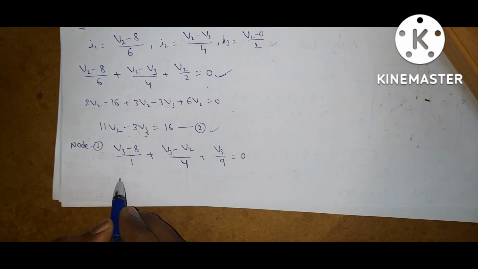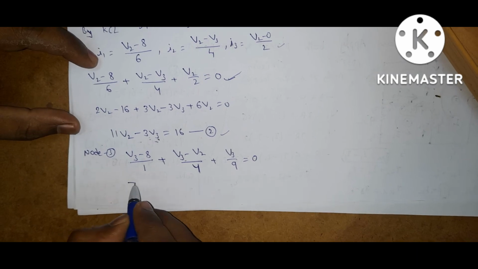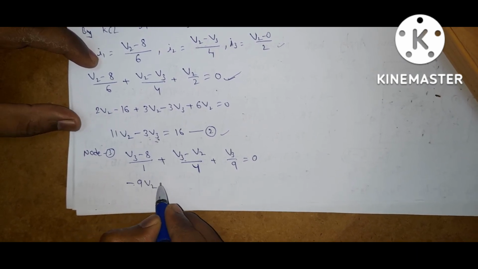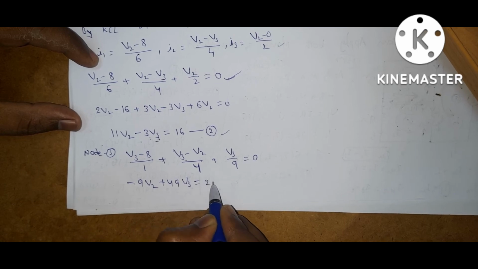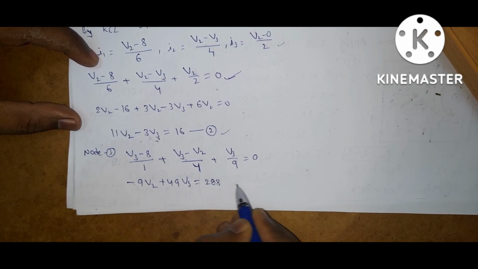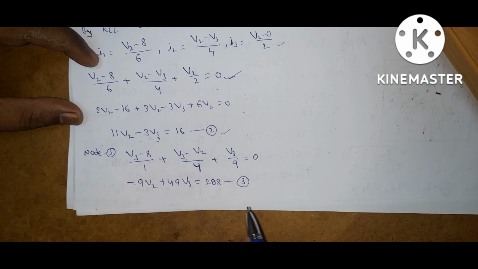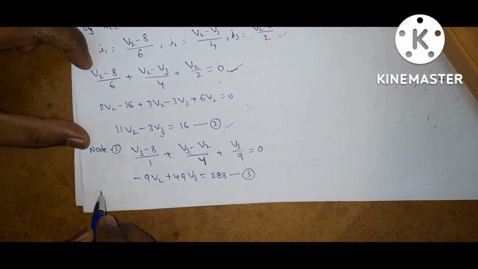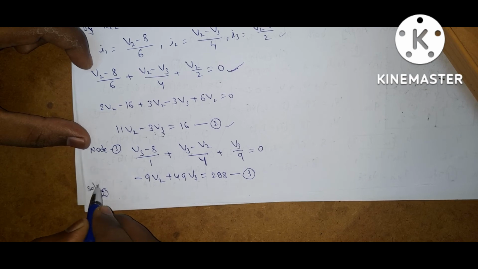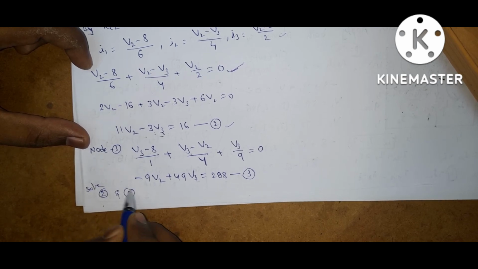If you solve this, you get minus 9V2 plus 49V3 is equal to 288. Let it be equation 3. Solve equations 2 and 3 by using a calculator.